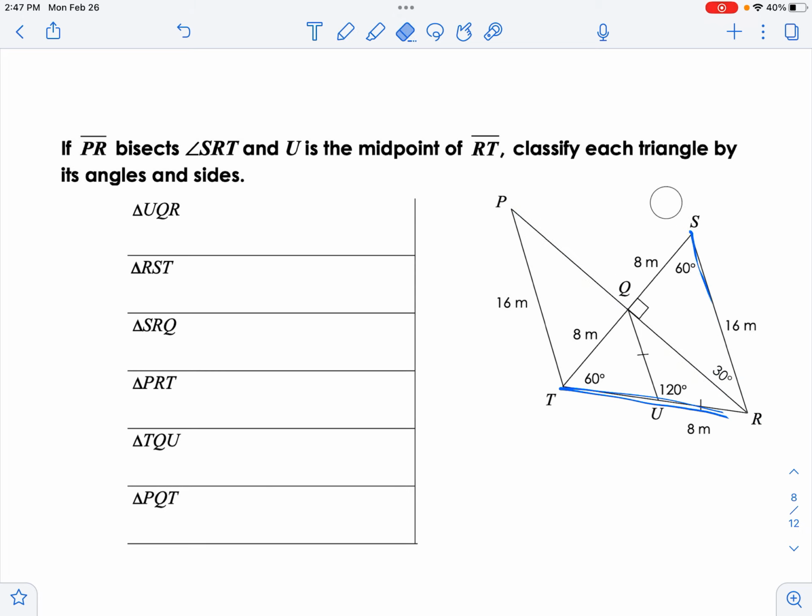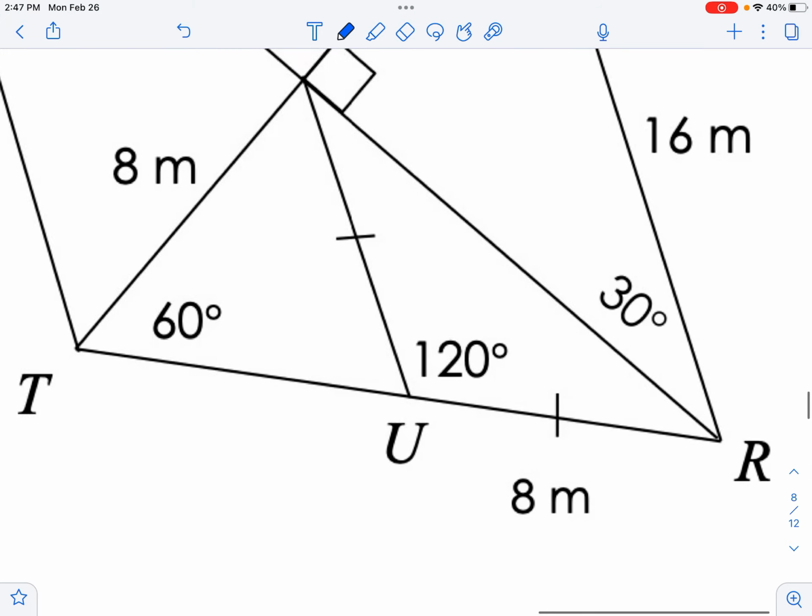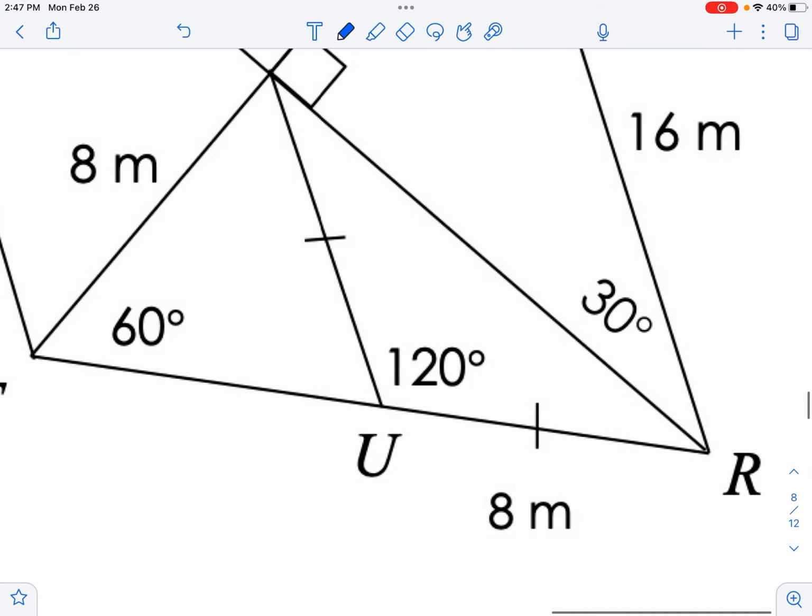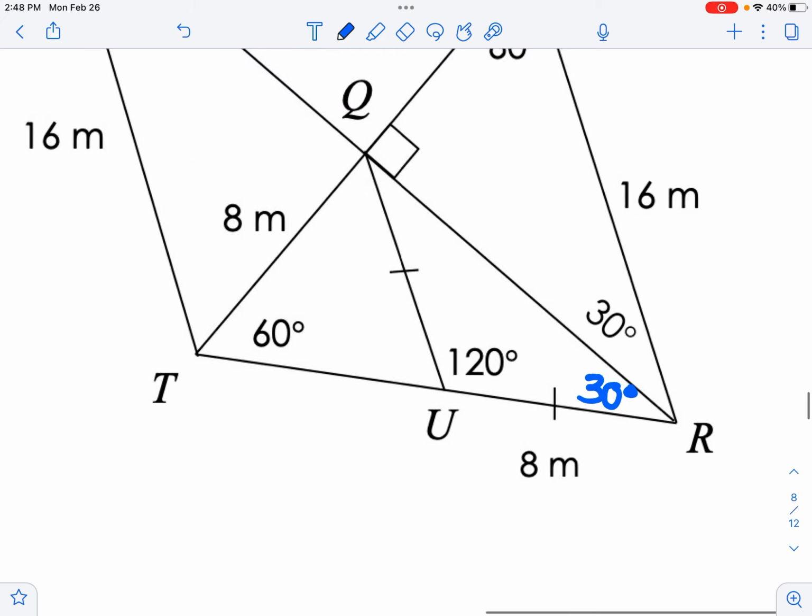So if that line cuts this angle in half, then that means both this angle and this angle have to be the same. Okay, so that means I know that this also has to be 30 degrees.